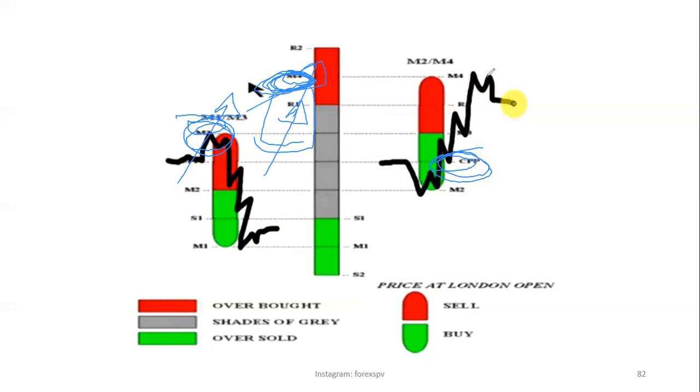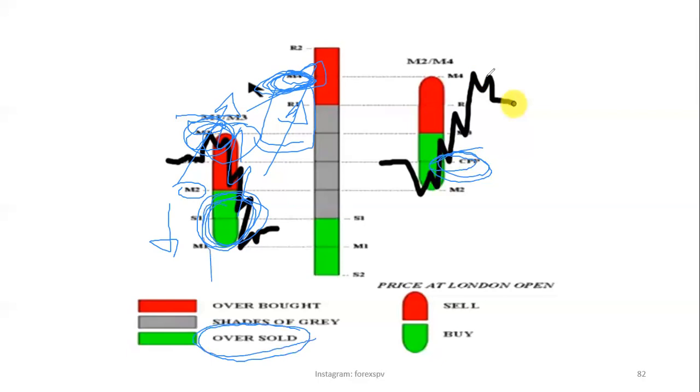So when I take my trade around M3, and then price has moved and it has broken M2 going down, and I find that maybe there is a possibility of another entry down here, I do not take that trade because it's simply in the area for oversold.